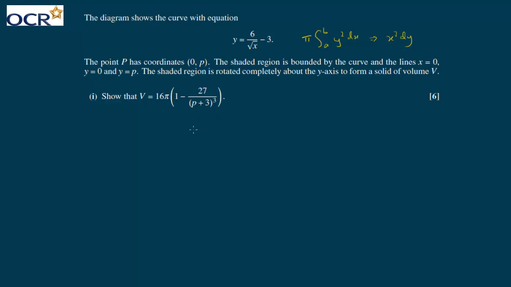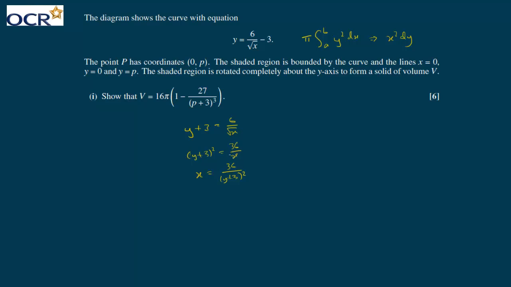Okay, so if we rearrange that, we get y plus 3 equals 6 over root x. Okay, and then we need to square it to get that into just an x. You get y plus 3 squared equals 36 on x, and if you put the x over on this side and the y plus 3 squared on that side, you get x is equal to 36 over y plus 3 squared.